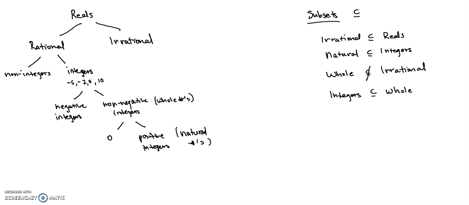There's more to the integers than there are to whole. So integers are not a subset of whole. But we could say that the whole numbers are a subset of integers, because whole numbers are part of the integers. Okay, so that's the idea for subset, is you want that set contained completely in the other set.